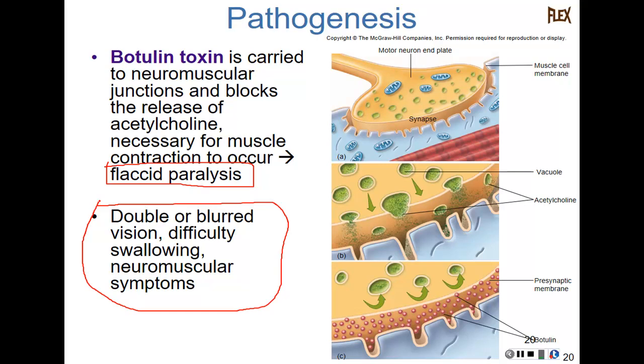But you could have difficulty swallowing because of flaccid paralysis of muscles. There are many other things that may be considered too, like myasthenia gravis. Do you think it could be that too? Oh, yeah, particularly with eyelids.